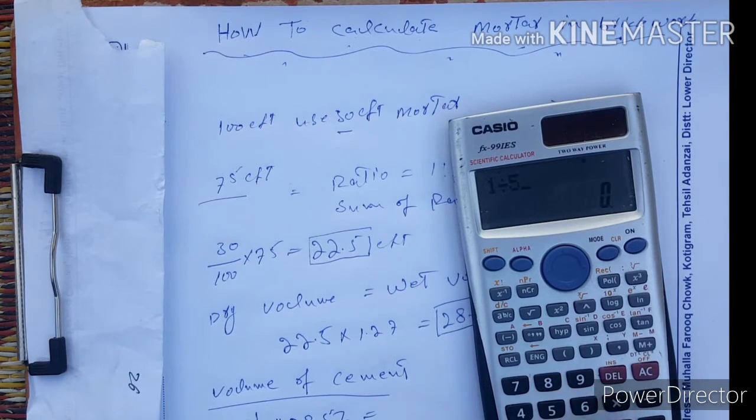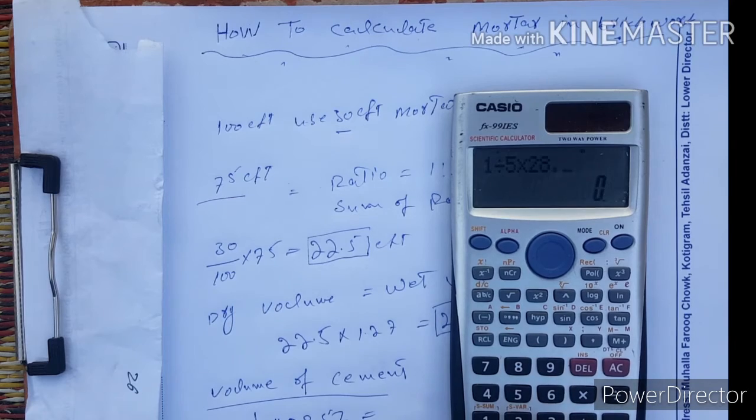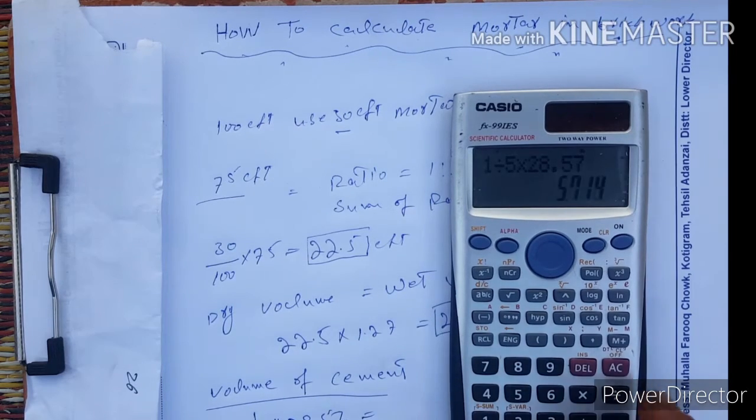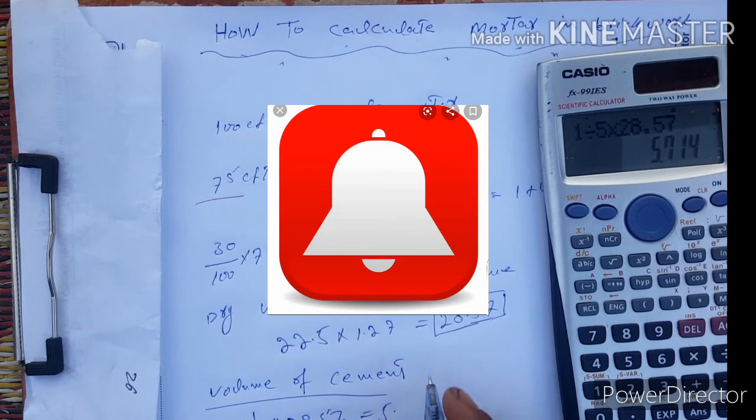So 1 divided by 5 multiplied by 28.57 is equal to 5.71.